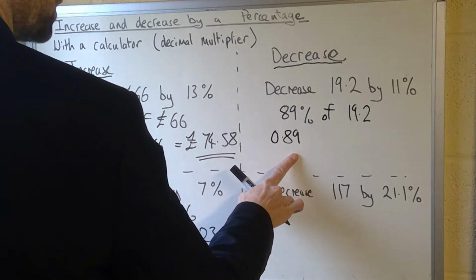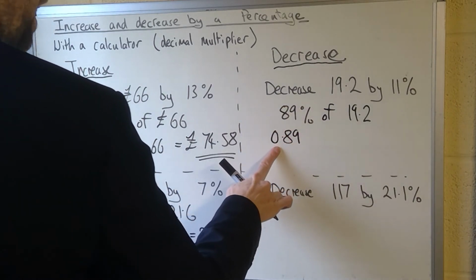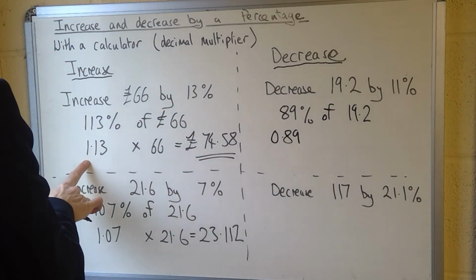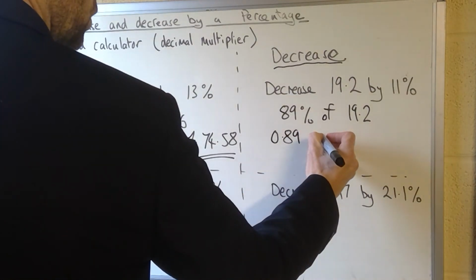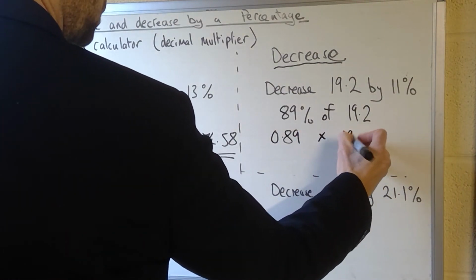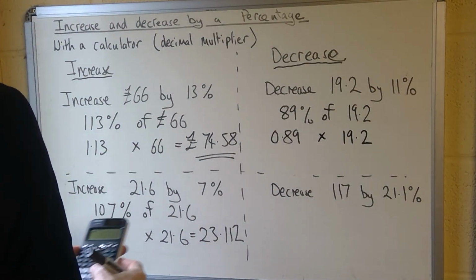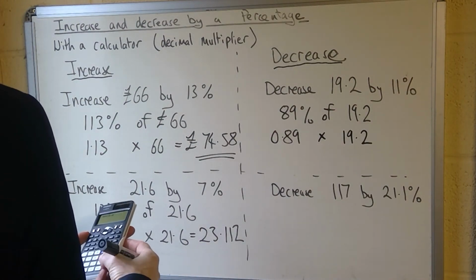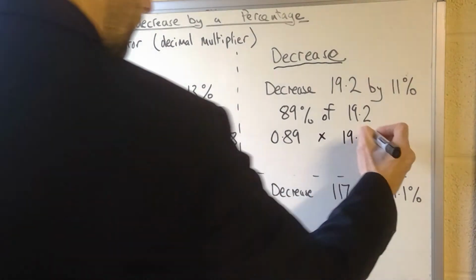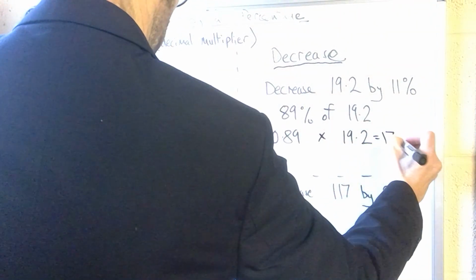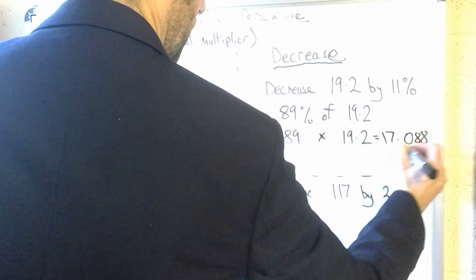Just worth noting at this point that when you're decreasing, it's less than 1. When you're increasing, it's greater than 1. So 0.89 multiplied by 19.2. Just read the answer off your calculator, 17.088.